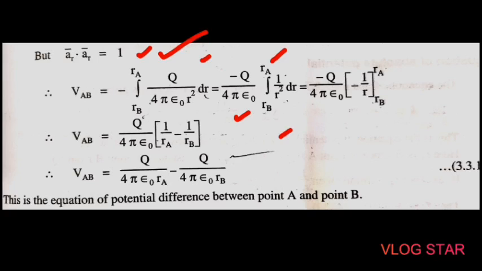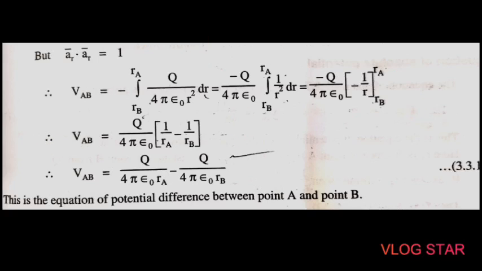Okay, so here the integration of 1 upon R square is minus 1 upon R and the limits are from RB to RA. Then it is given by V of AB is equal to Q upon 4 pi epsilon 0 into, we have to put here upper limit minus lower limit, that is 1 upon Ra minus 1 upon Rb.